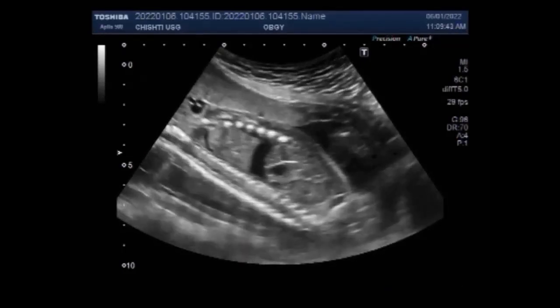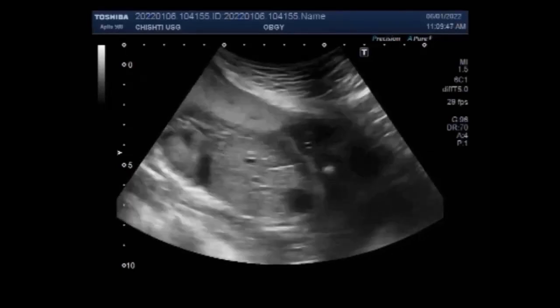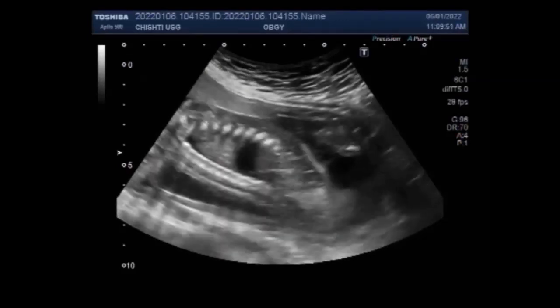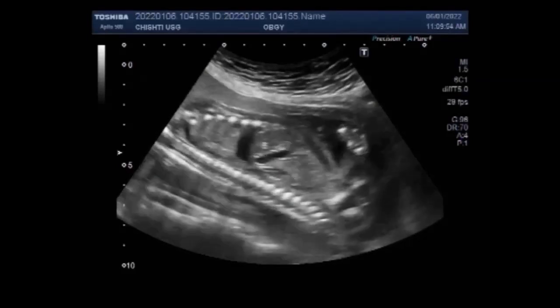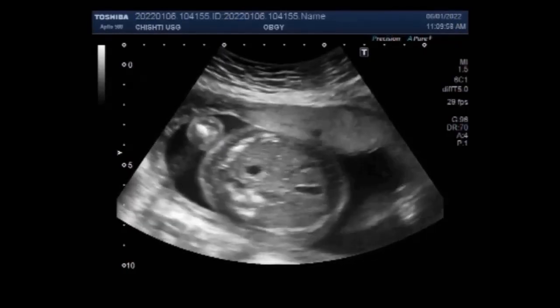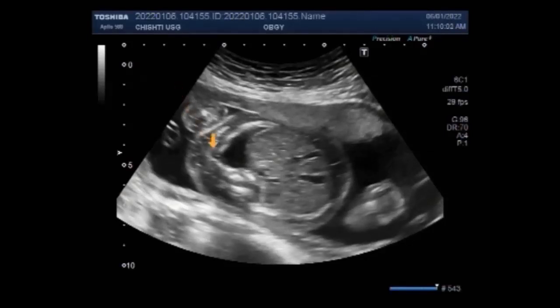Now you can see the fetal ribs seem to be normal, and again you can see the fetal skin tissue edema. Soft tissue edema.